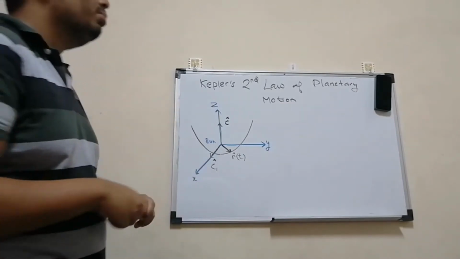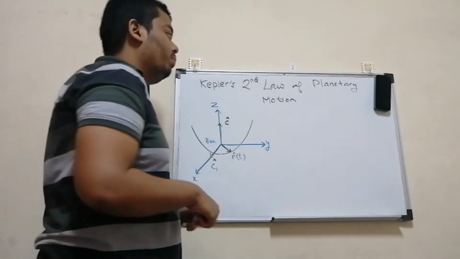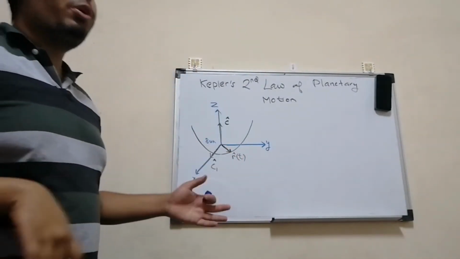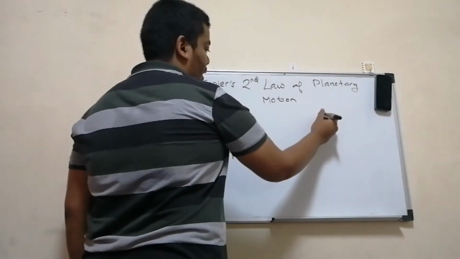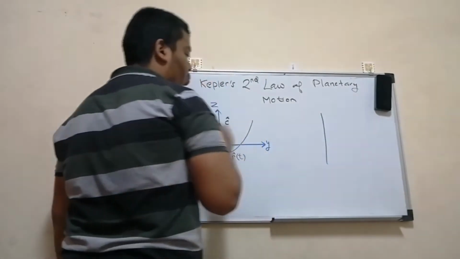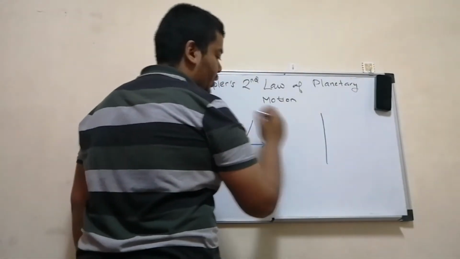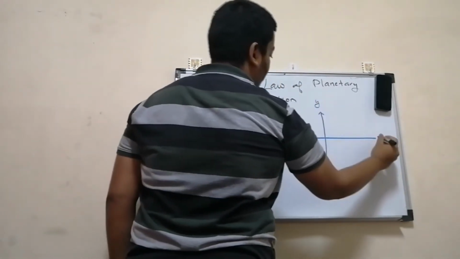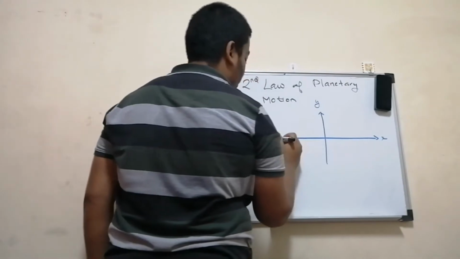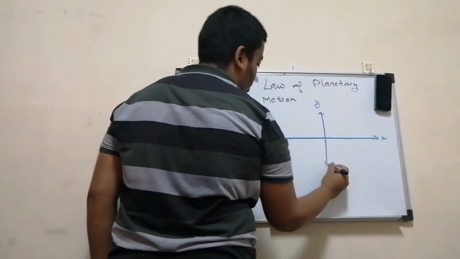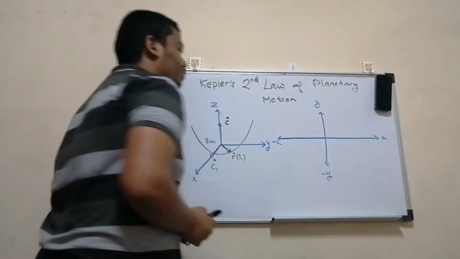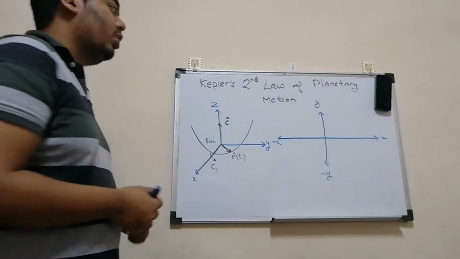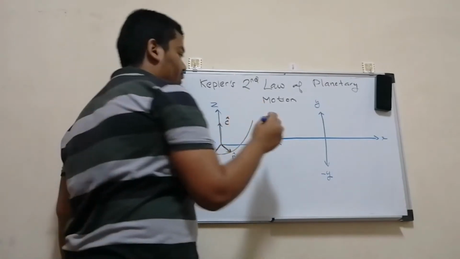This diagram will be only in the xy plane because, as I mentioned before, the path of the planet is in one plane. This is the y-axis, x-axis, negative x-axis, and negative y-axis. The path of a planet, as mentioned in the previous law, is an ellipse.